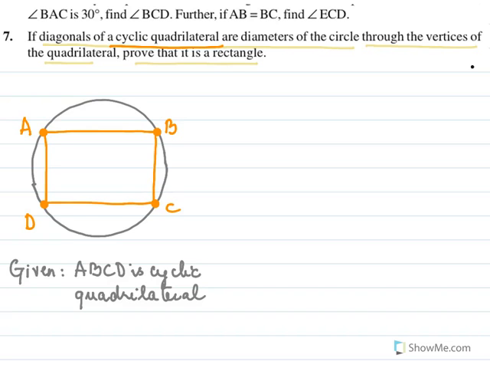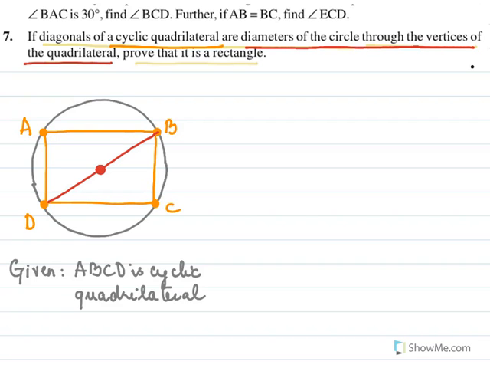So let's write that. Then there's another feature of this cyclic quadrilateral. The diameters of the circle pass through the vertices of the quadrilateral. So we have the diameters. One, BD, is the diameter.